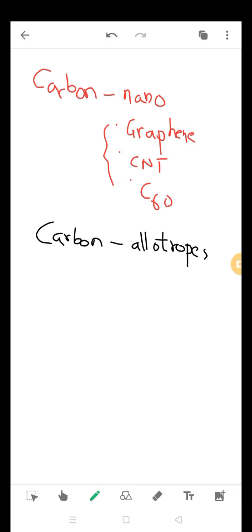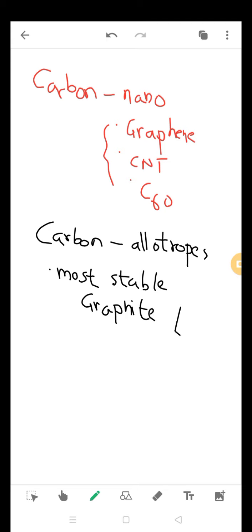And the most stable one of all the allotropes is graphite. Graphite is the material that you will find in your pencil leads. You will find graphite at the tip.